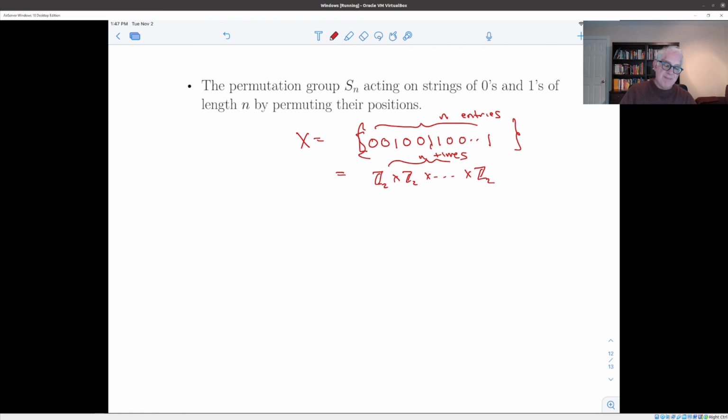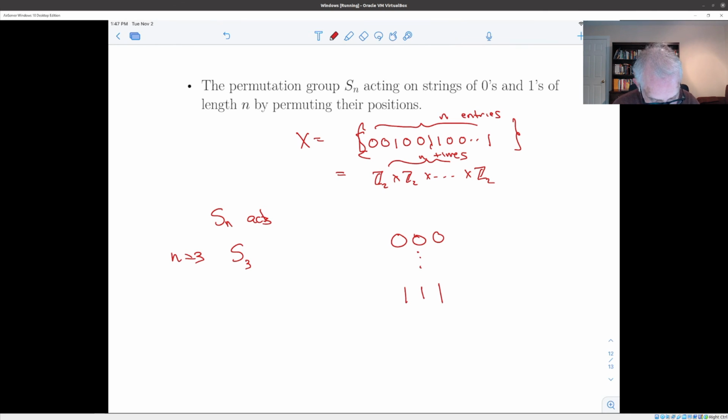Or you can think of it as the binary numbers of length n. And we're going to let Sn act on this by permuting the positions. So let's look at a very simple case. If we let n equals 3, then we have 0, 0, 0, we have 8 things down to 1, 1, 1.